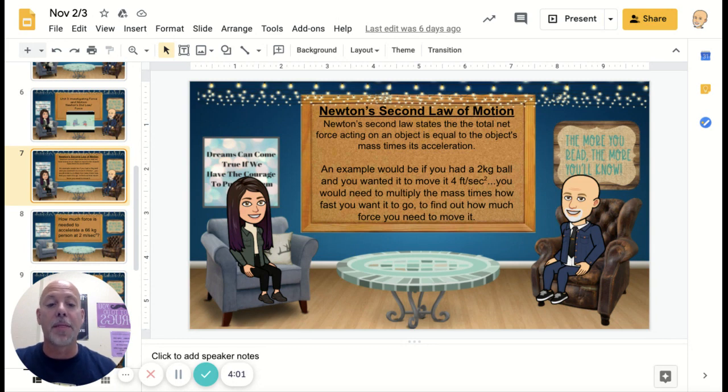You would multiply the mass, 2 kilograms, times the acceleration, 4 meters per second squared, and you would come up with 8 newtons of force needed to move it. So force is measured in newtons, which is fitting. It's Newton's second law. The abbreviation for newtons is just a capital N.